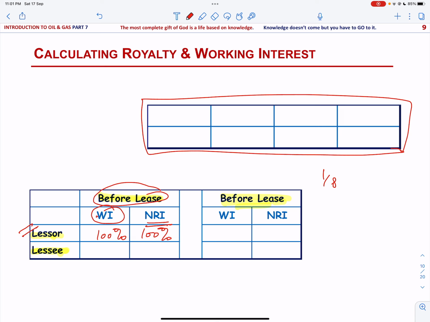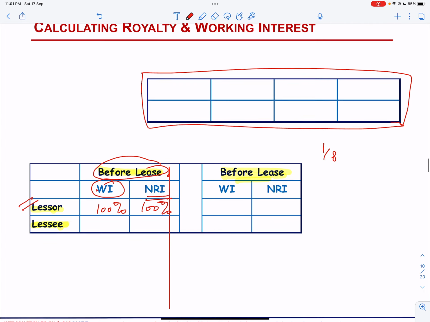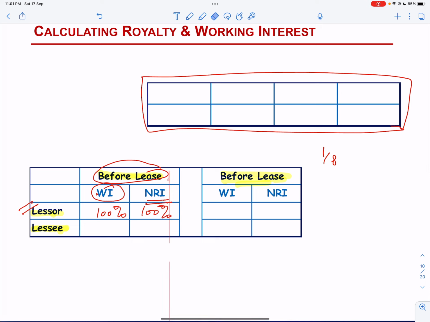So the lessor owns 100% of the working interest and net revenue interest before the lease. And the lessee owns 0% of working interest and 0% of net revenue interest before the lease.